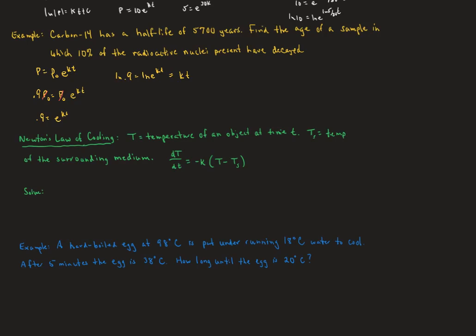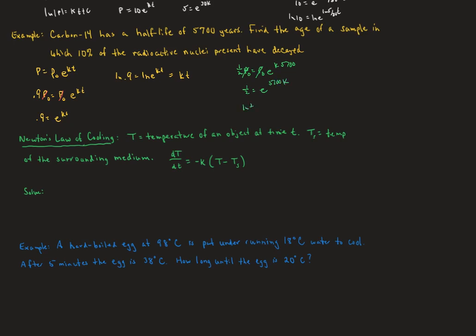So I haven't used the half-life part yet. Let me back up here and say half of what we had to start with is going to be e to the k times 5,700. So we need to solve this for the k, and then I'm going to come back to that other equation. Again, dividing out the P sub 0, it's 1/2 equals e to the 5,700k.